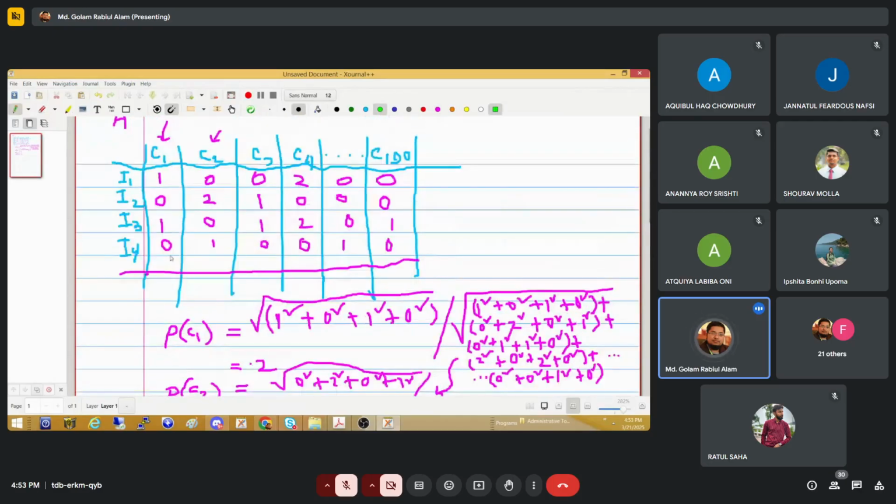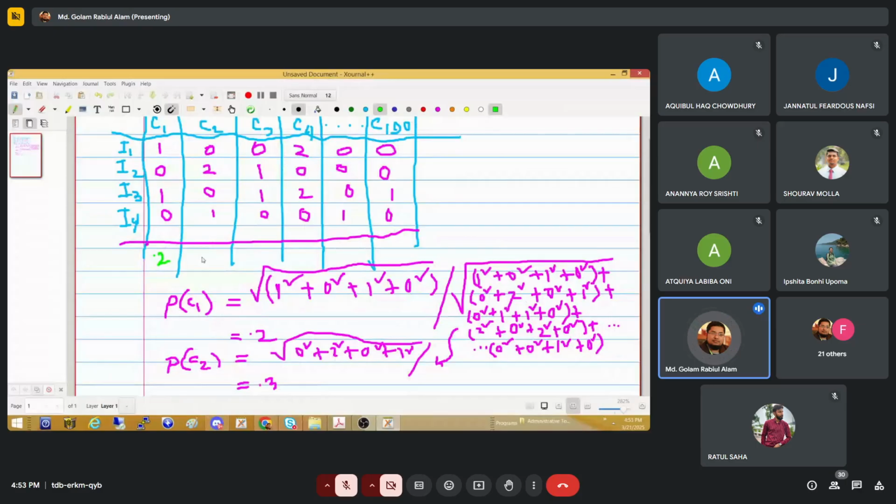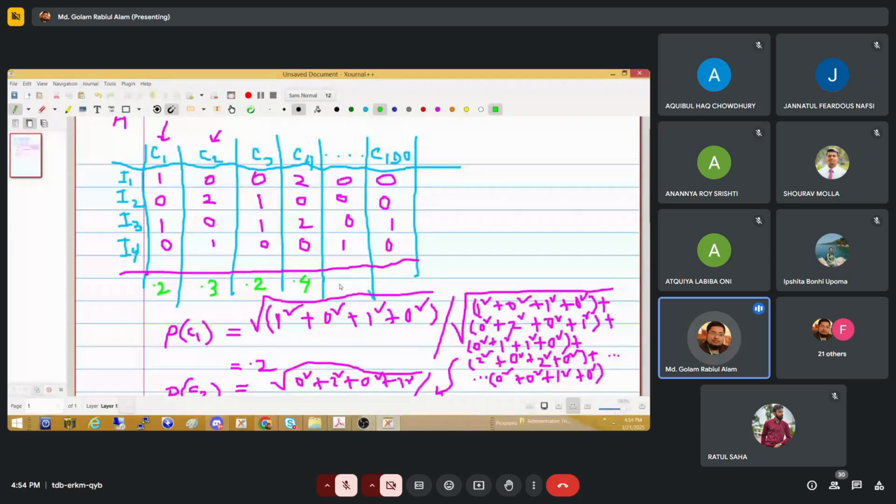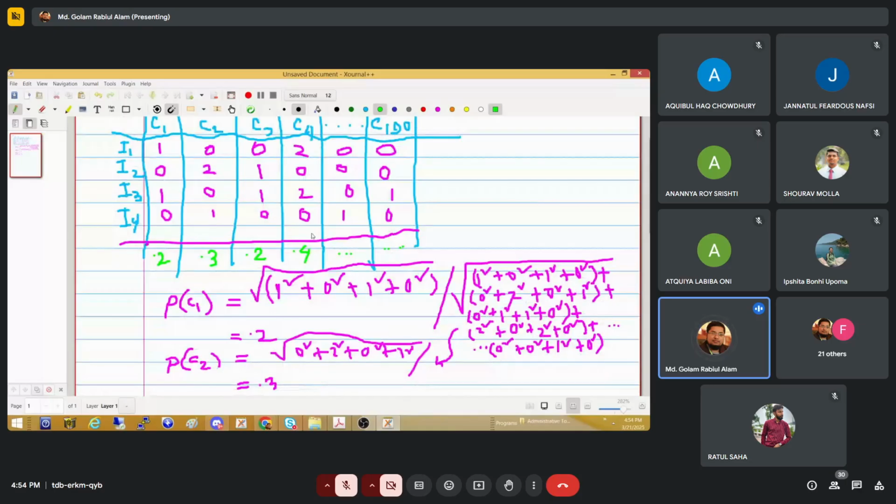For the first column the distribution is 0.2, here the probability is 0.3, then this one is 0.2, and for the fourth it is 0.4, and we must have some distributions also here and there. For simplicity, let's say we have just these distributions: 0.2, 0.3, 0.2 and 0.4.